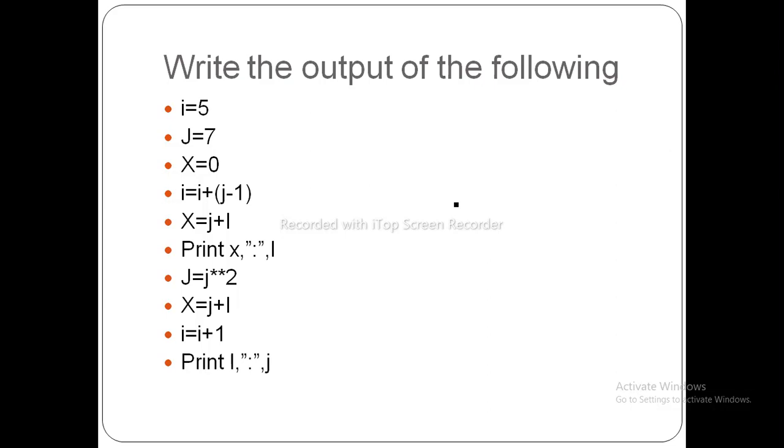Now we have another program where we have to find the output. We have a variable I which equals 5. We have a variable j which equals 7. We have a variable x which equals 0. I equals I plus j minus 1 means the equation will be 5 plus (j minus 1).